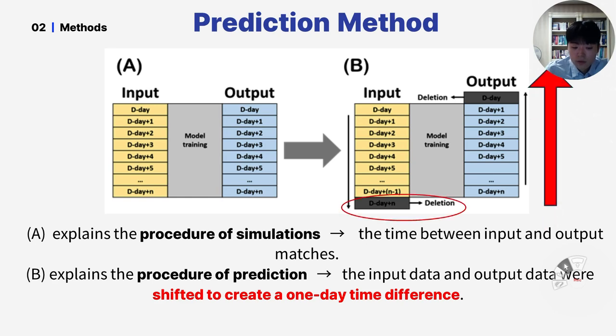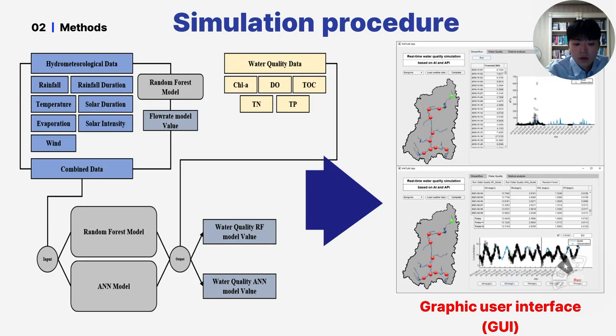Also, we removed the last cell in the input data and the first cell in the output data to maintain a consistent size of the data. By repeating this process 3 times, it enables us to predict the water quality up to 2 days in advance. Following the acquisition of data from the API, the weather data is first passed through the flow rate model.